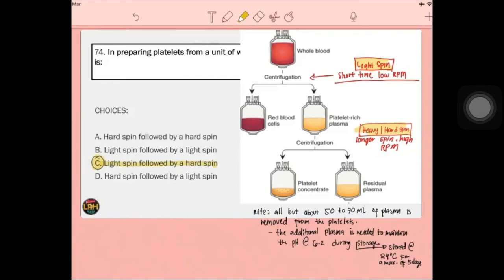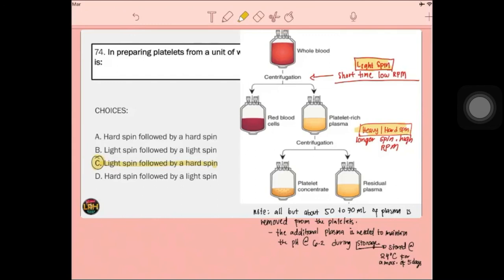This centrifugation requires high RPM and a longer time of centrifugation. This will result in the separation of our platelet concentrate and residual plasma. Take note that all but about 50 to 70 ml of the plasma is removed from the platelets.